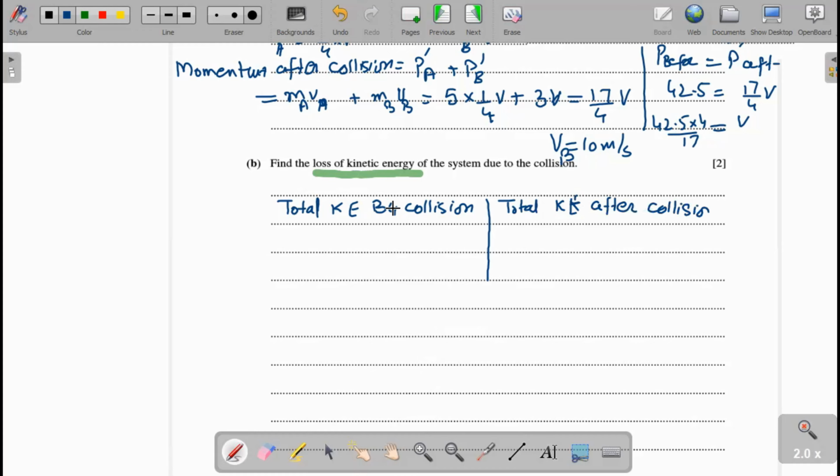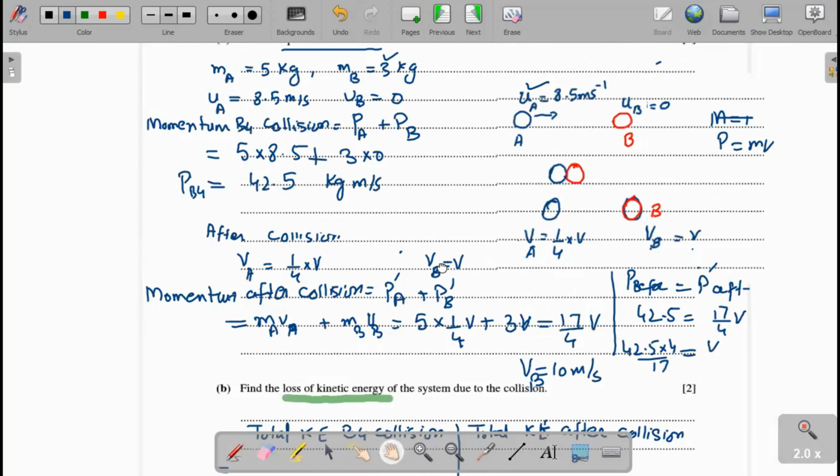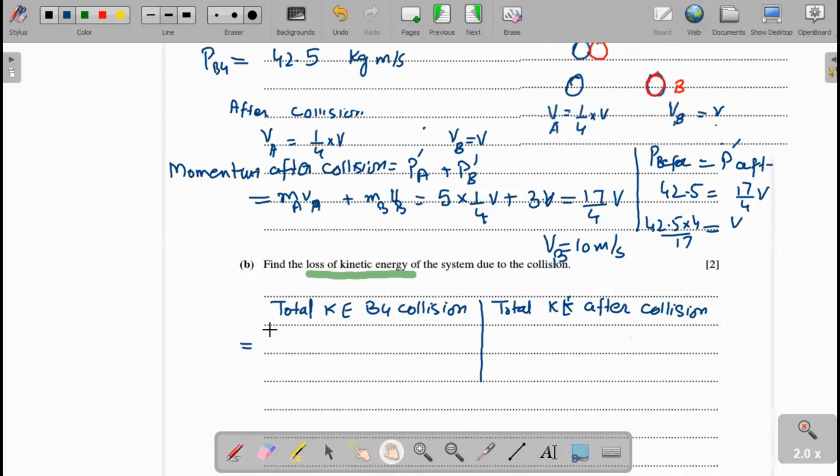The total kinetic energy before collision is the kinetic energy of sphere A plus the kinetic energy of sphere B, that is equal to 1/2 MA UA whole square plus 1/2 MB UB whole square.